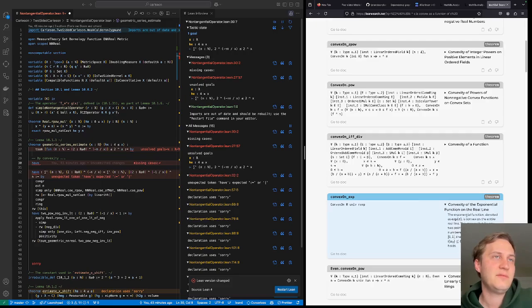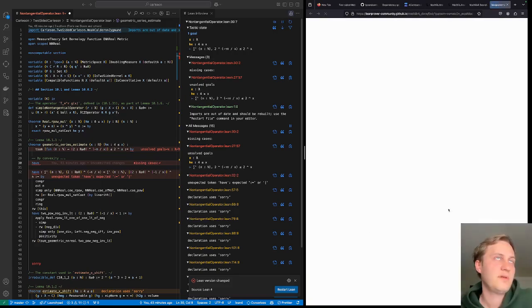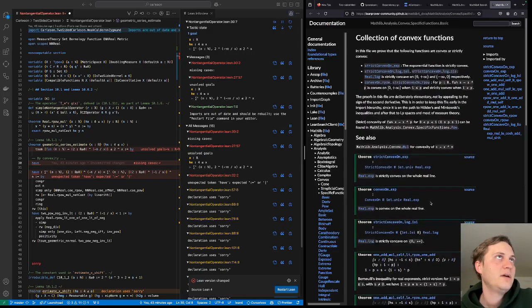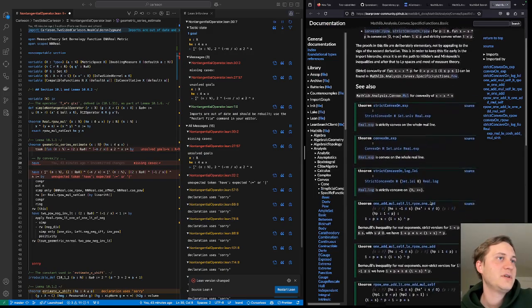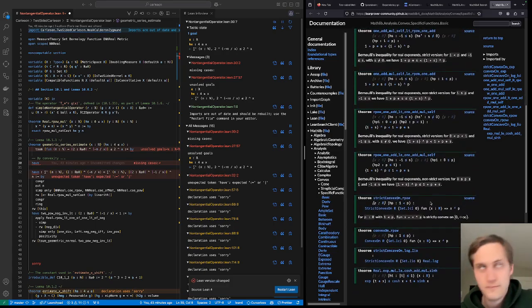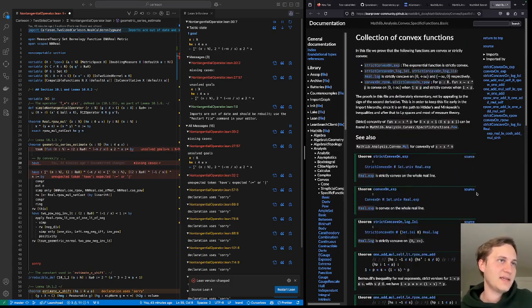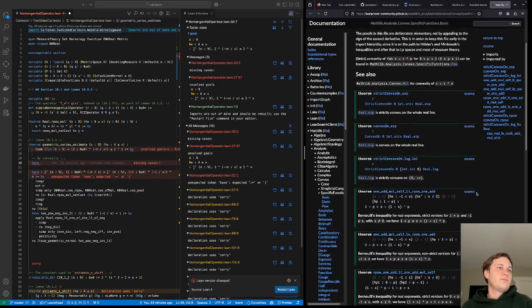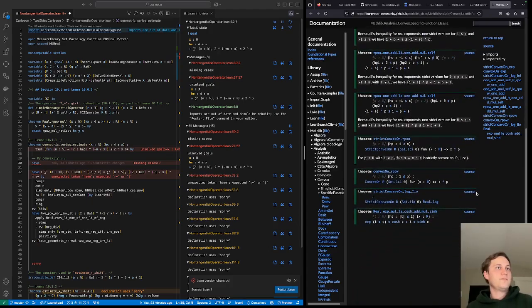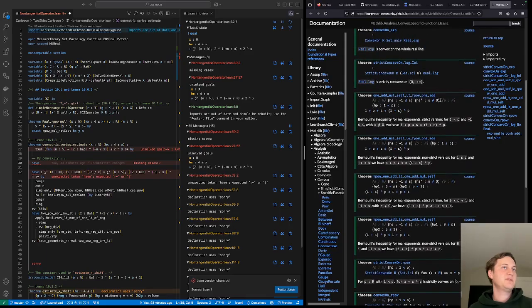Is this a go to doc? I feel like that's an AI generated thing. Yeah. Collection of convex functions. It should be in here. One would think it would be next to this. X to the P, but none of those are convex.